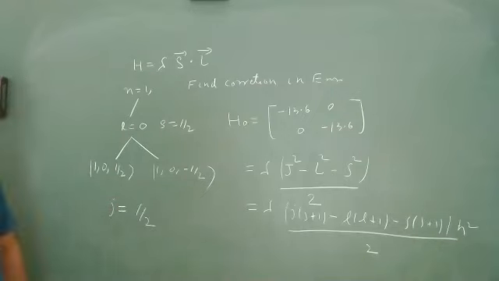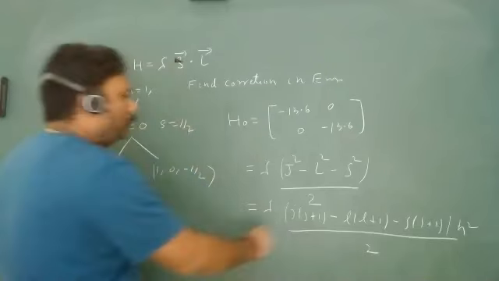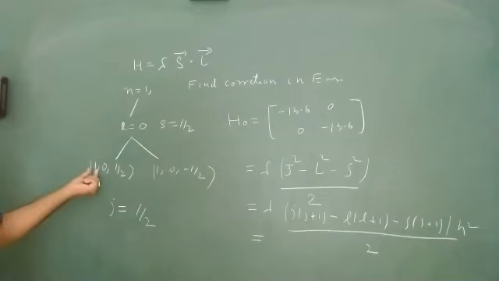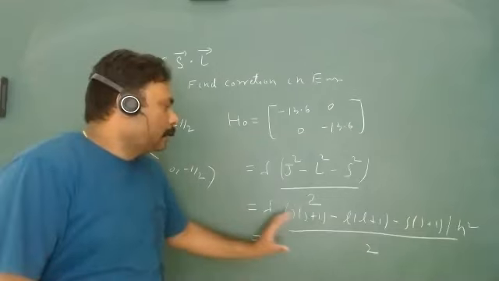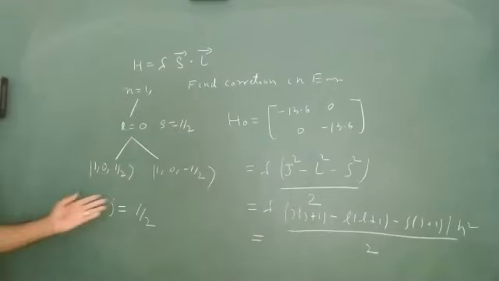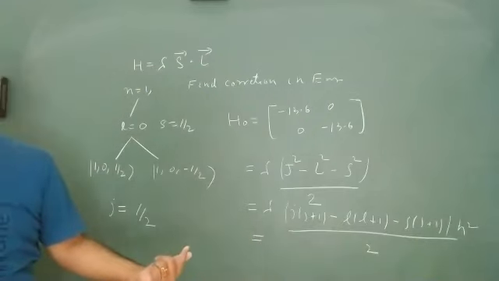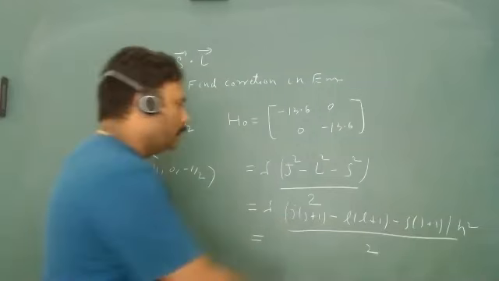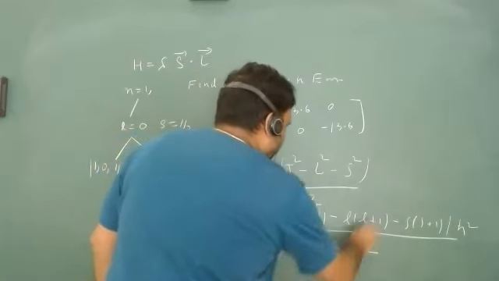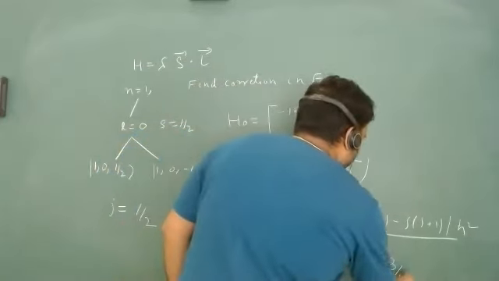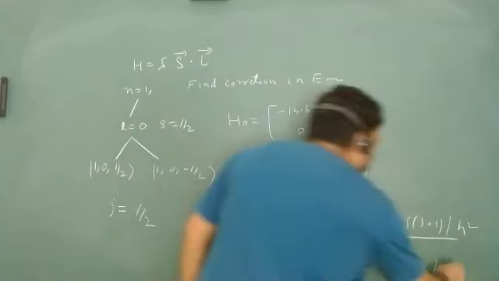So what will happen in this problem? n remains the same, and if you calculate all the values, for how many values will you get from here? Only one value, isn't it? J is equal to half. So this will be 3 by 4 h cut square minus 0 minus 3 by 4 h cut square, and this will be lambda. So this will be 0.